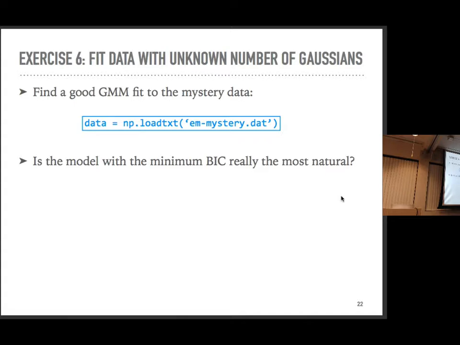So, what do you want first? So let's do it with the name of the file, and ask for the number of Gaussians.